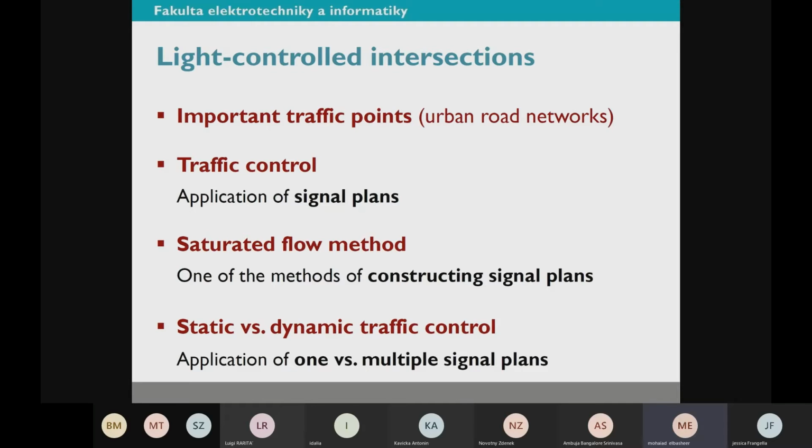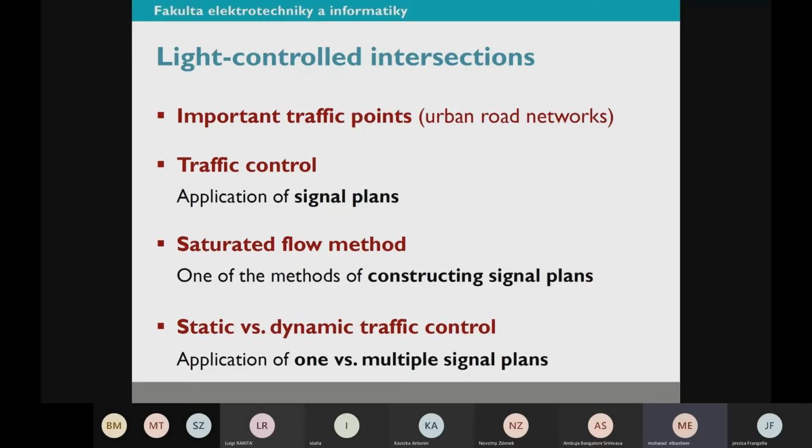Within the frame of urban roads, there are very important traffic points. In this case, light control intersections, which can make some kind of traffic control of the road networks. And light control intersections are strongly connected with signal plans.